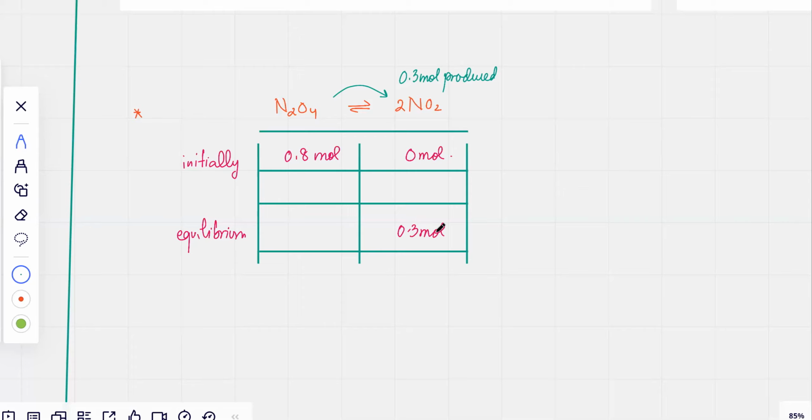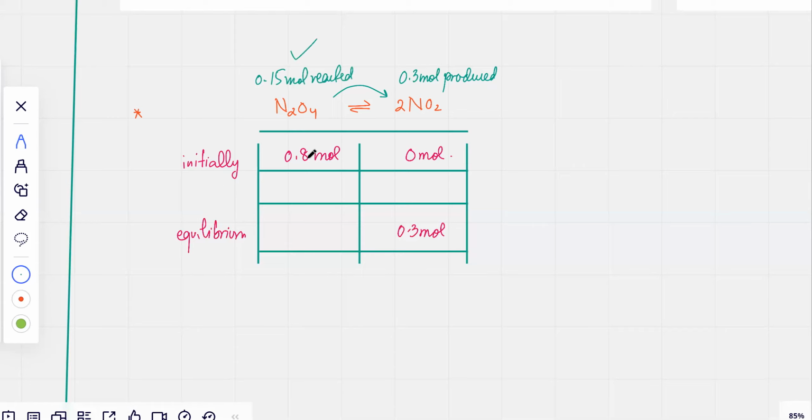Yes. So if 0.3 moles of NO2 are produced, it's 2:1. That means, according to the ratio, if 2 are produced, 1 N2O4 must have reacted. So if 0.3 is produced, then on this side, how much would have reacted? 0.15 moles must have taken part in the reaction, right?